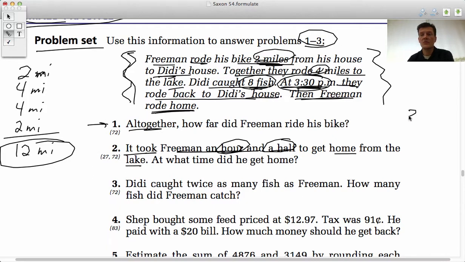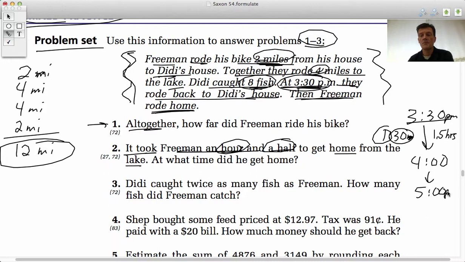So you want to go 3:30 p.m. and then he's going to travel for 1.5 hours, which is 1 hour and 30 minutes. So you're going to take the 3:30 p.m. and you're going to add 30 minutes. That puts you at 4. And then another hour is going to put you at 5 p.m.